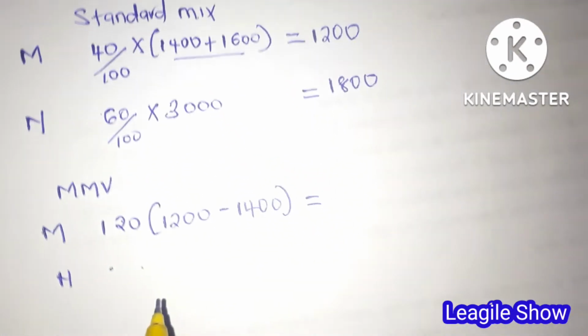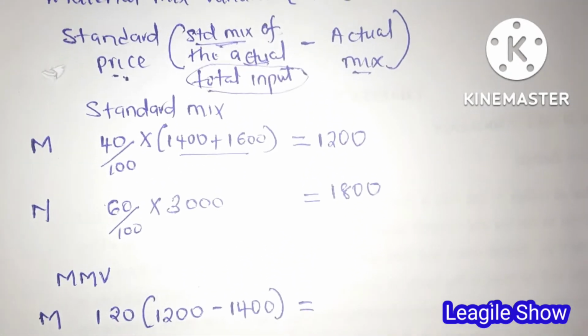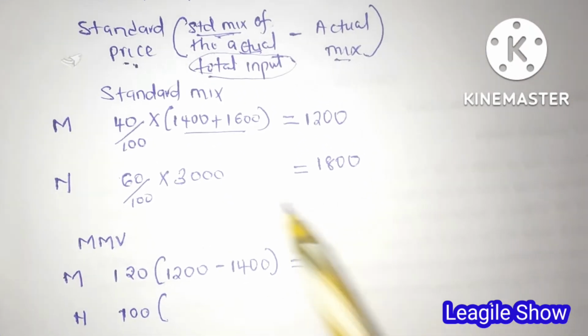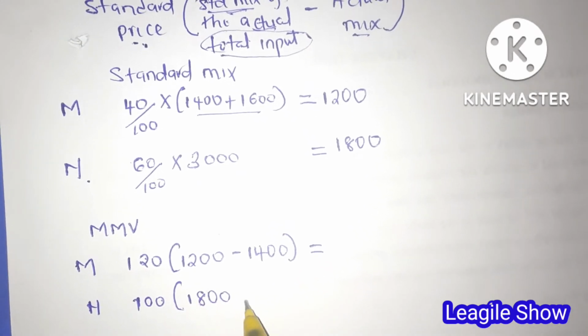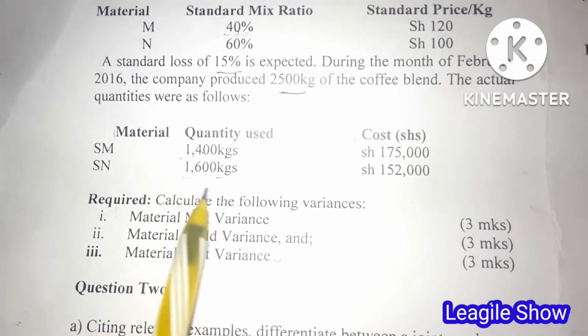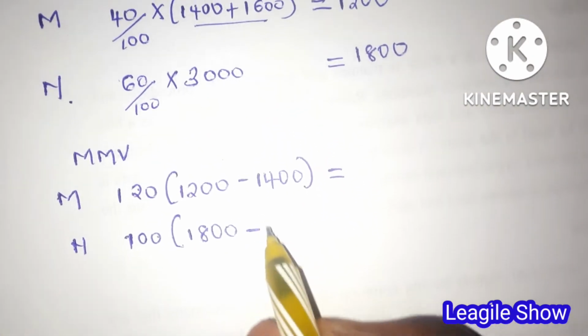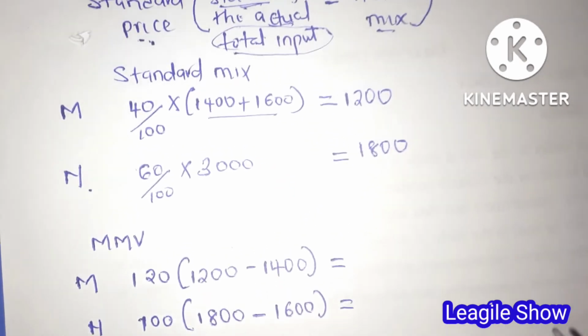So 100 into the standard mix for material N, which was 1,800, minus the actual mix for this one, which was 1,600. So you subtract 1,600 and you get your mix variance for that.